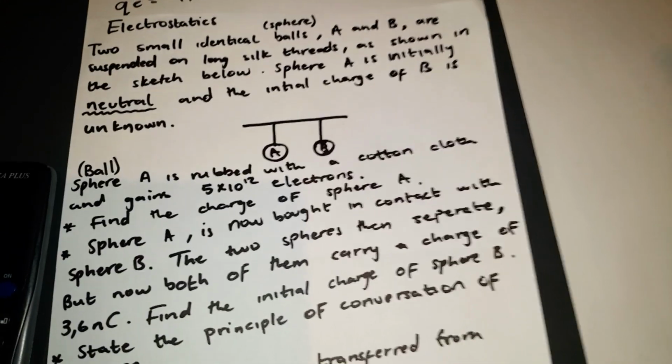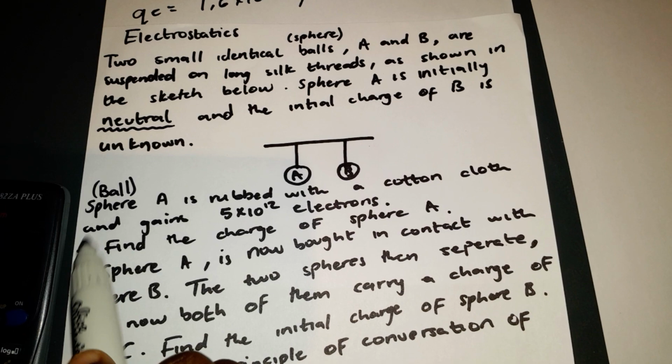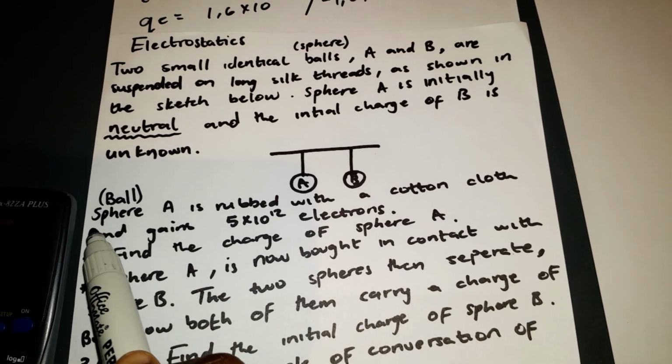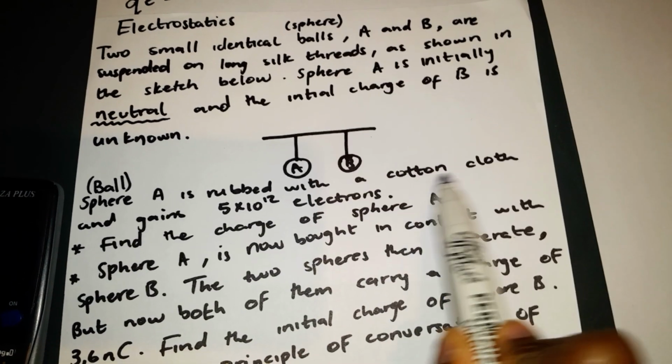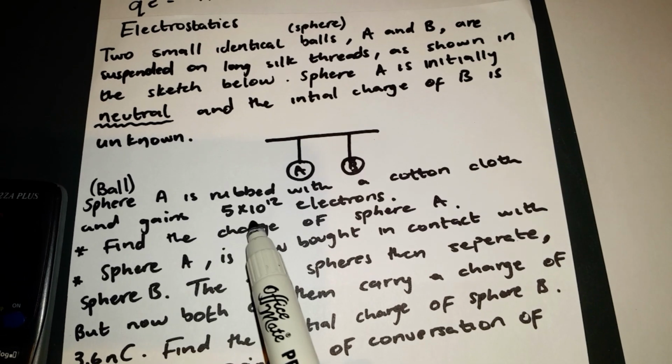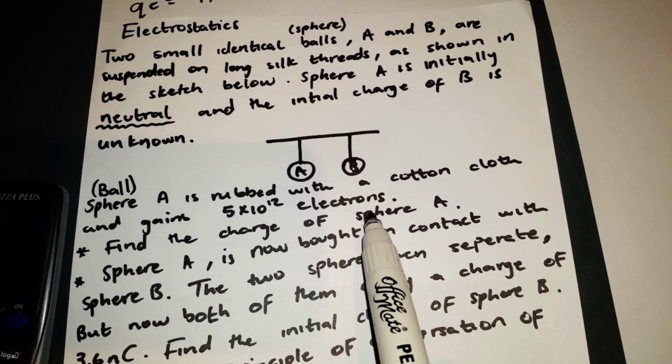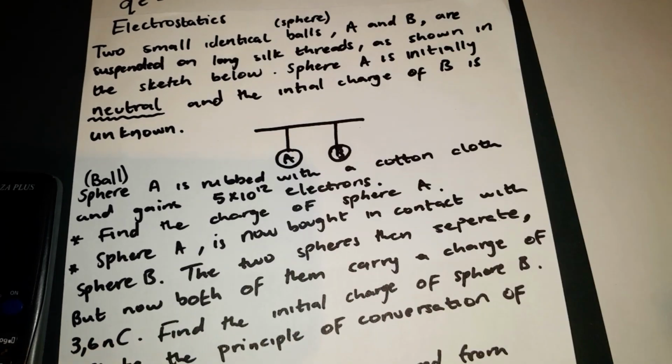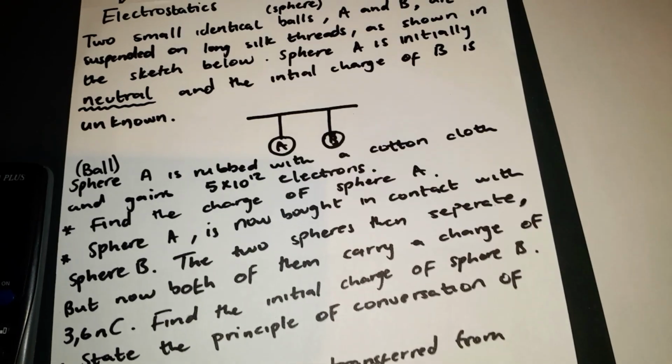The information says sphere A is wrapped with a cotton cloth and gains 5 times 10 to the 12 electrons. So now, what do we know?